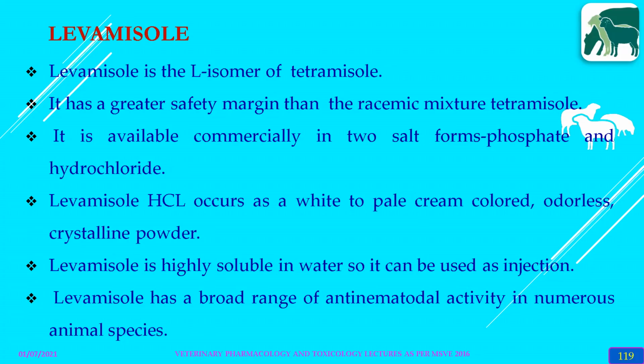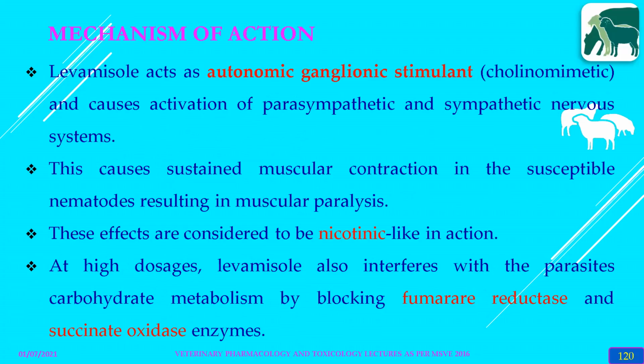Mechanism: it acts as an autonomic ganglionic stimulating agent, a cholinomimetic agent in the worms, and causes activation of the parasympathetic and sympathetic nervous systems. This causes sustained muscular contraction in the susceptible nematodes, resulting in muscular paralysis.